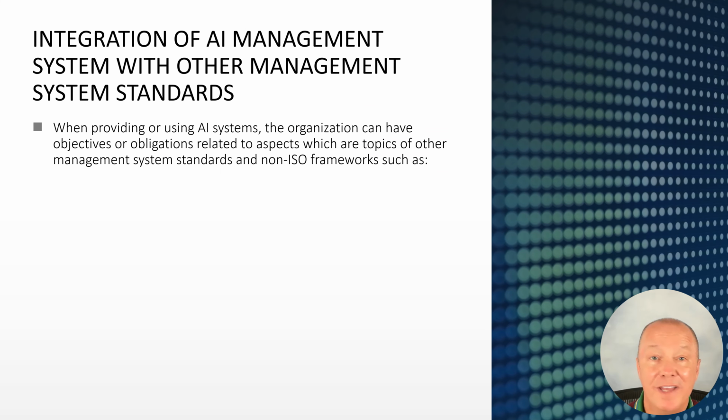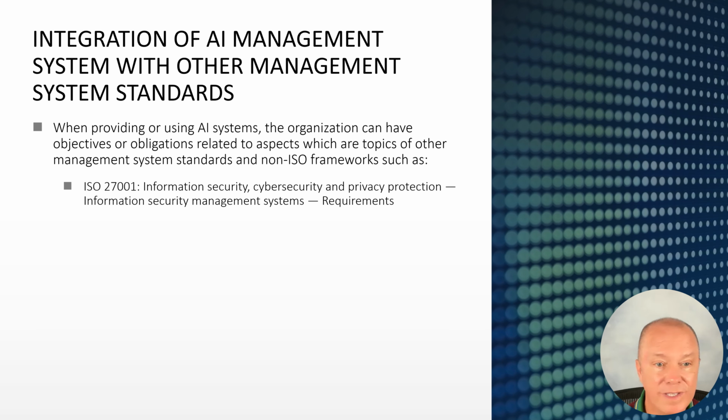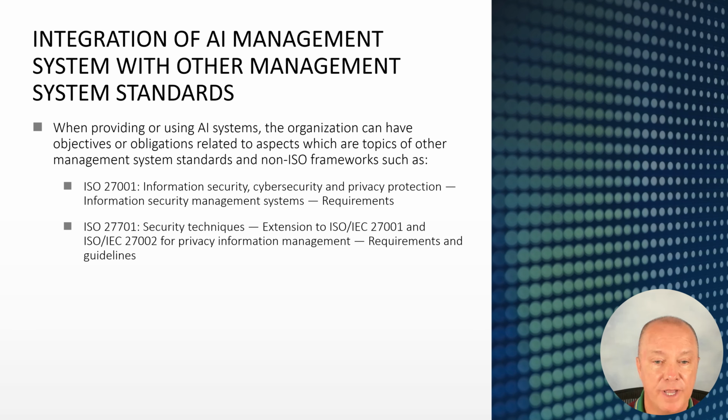So let's go ahead and go from macro general terms into more micro specific crosswalks. For example, when providing or using AI systems, the organization can have objectives or obligations related to aspects of AI, which are actually primary topics of other management system standards, as well as non-ISO frameworks, such as ISO 27001, which is specifically purpose built for information security, cybersecurity, and privacy protection.